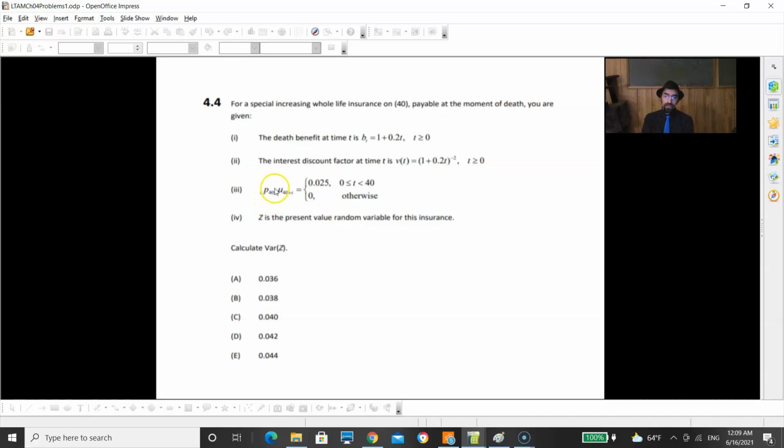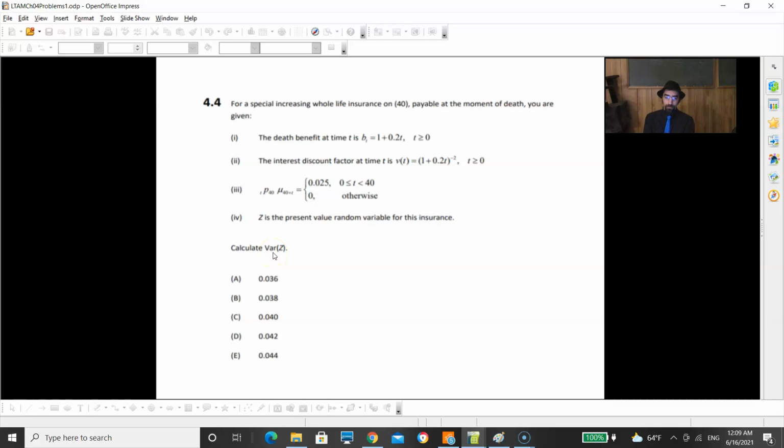You have to recognize that the probability of surviving till some amount of time, and then the probability density of dying, is the probability density of dying, even if you didn't necessarily survive till then. You have to recognize that.